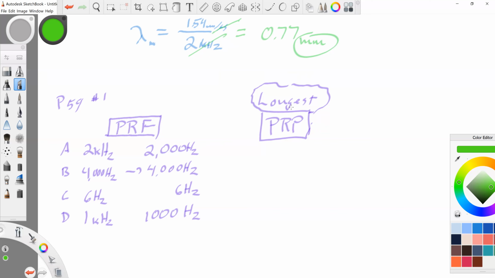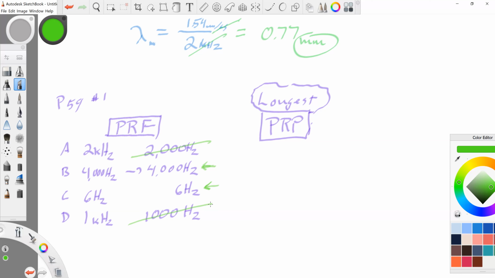Fine, at least give yourself a 50% chance, right? 4,000 hertz is the biggest number over here, and 6 hertz is the smallest. It's got to be one of those two. Scratch out those others. This isn't knowledge, this is strategy so far. The strategy is now you have a 50% chance of guessing correctly.